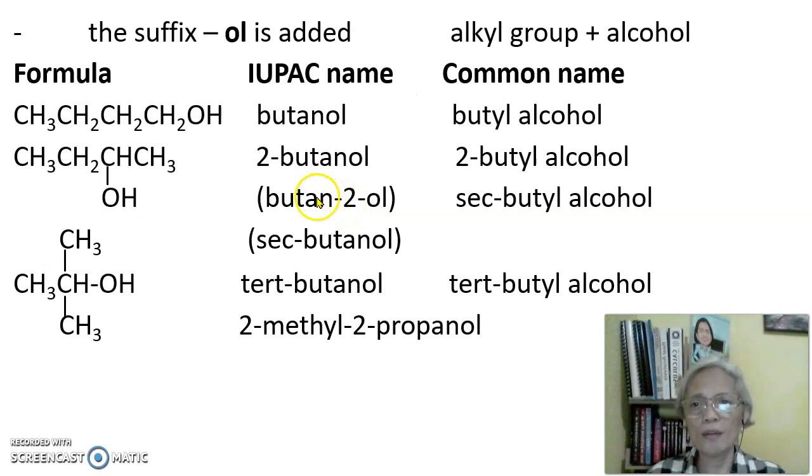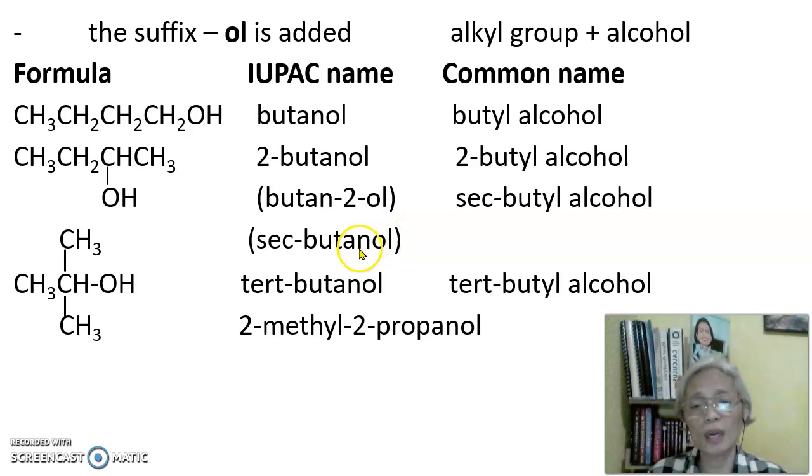We also have CH3, CH2, CH2, CH2OH or butanol, the normal butanol, commonly called butyl alcohol. When OH is attached to carbon number 2, we have 2-butanol or butan-2-ol. Here, the locant is nearer the functional group, commonly called 2-butyl alcohol or secondary butyl alcohol.